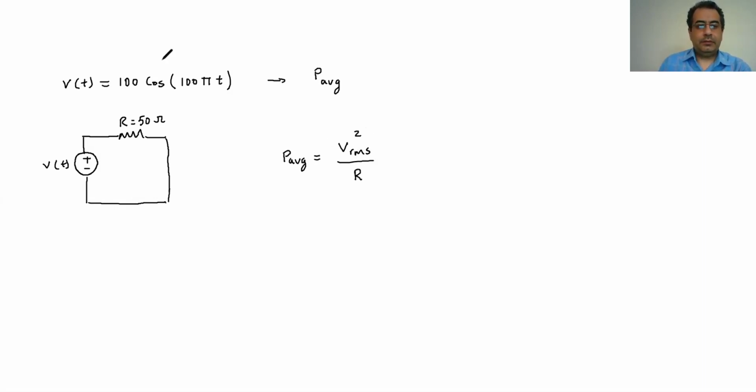And here, I have the cosine wave, so I know the V_RMS is going to be the Vmax divided by a square root of 2.